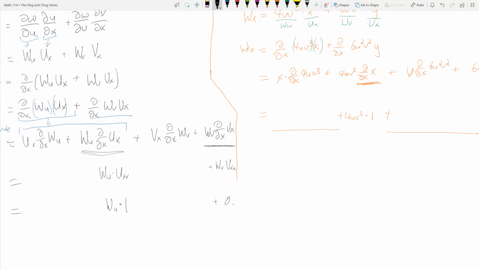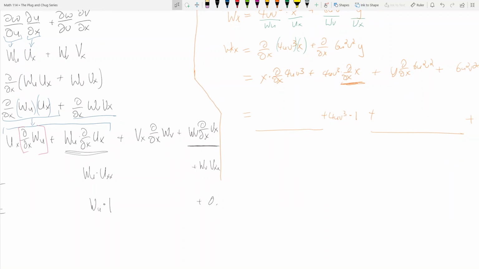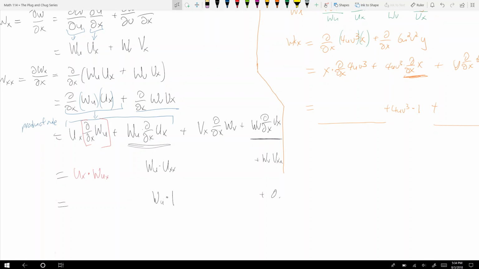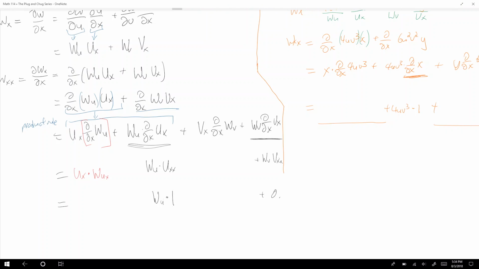What's the problem? Here's where it gets very tricky. Take a look at this. d/dx of w sub u. It's very, very tempting, and this even looks wrong to write, this is equal to u sub x times w sub ux. Why does that look wrong?